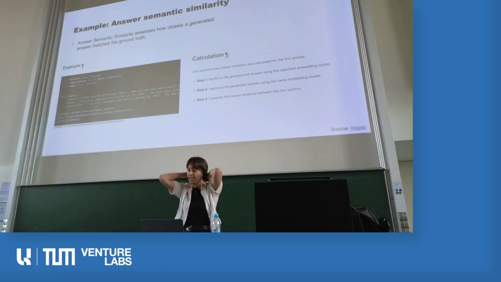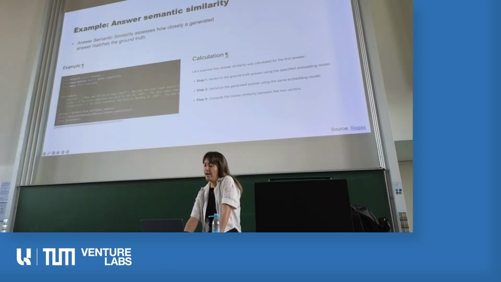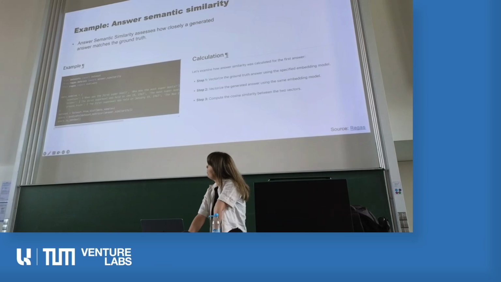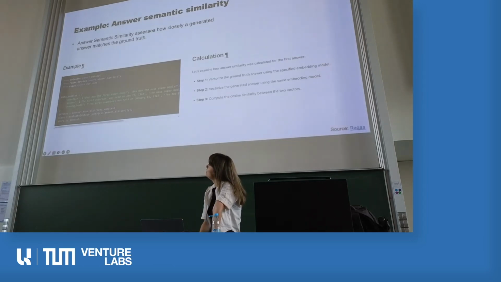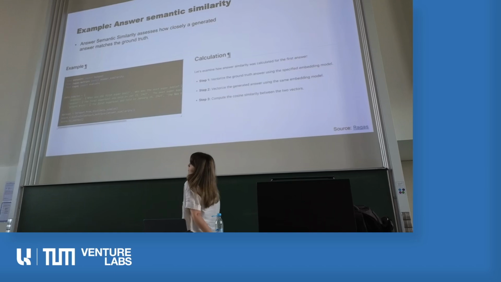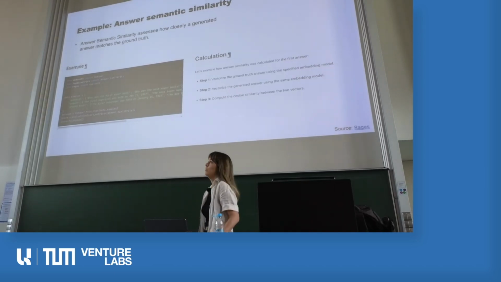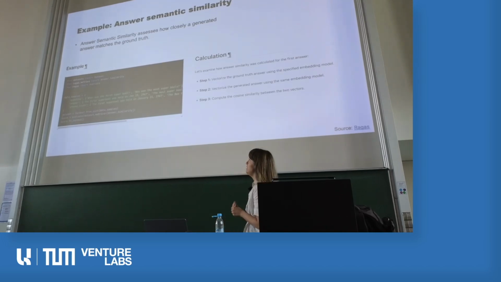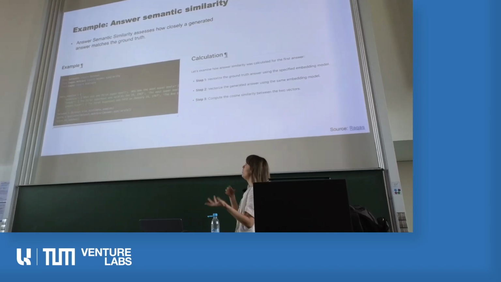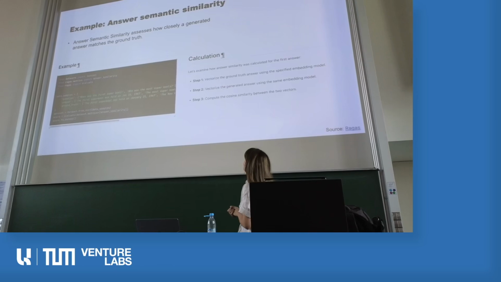So the idea is that you have your question, you have your answer, and you have your ground truth. And how do you measure the semantic similarity? You can just do it straight away with Ragas, and it's basically 2 lines of code. And that will give you the semantic similarity, whether they are far away or very, very similar.